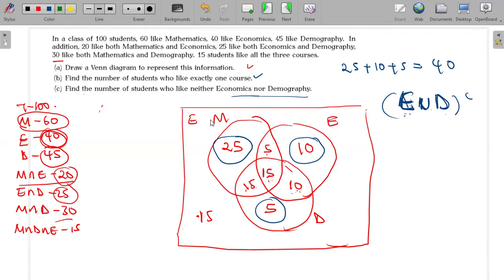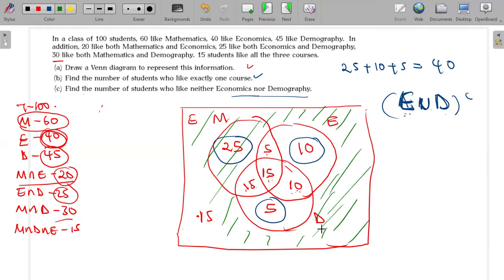The complement is just going to be everything outside, not shading E and D. So you look at the numbers sitting here. You have 25 and 15. So 25 plus the 15 gives us 40. So the 40 like neither economics nor demography. Okay, so that's how you'd find this one.